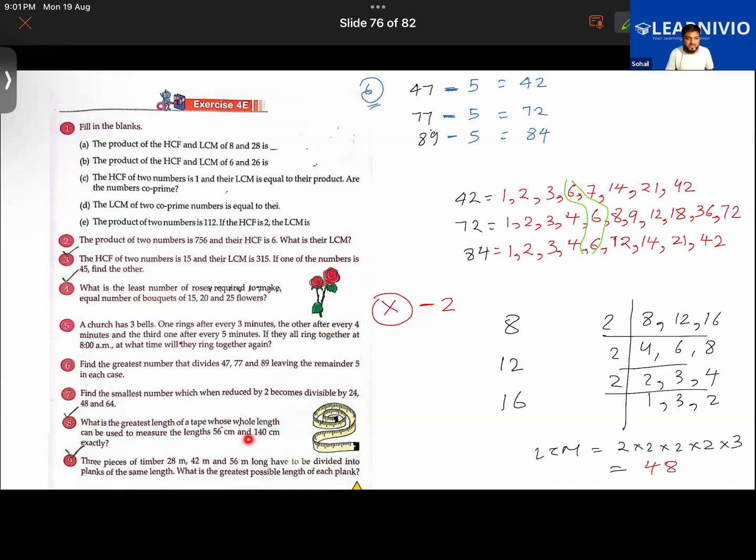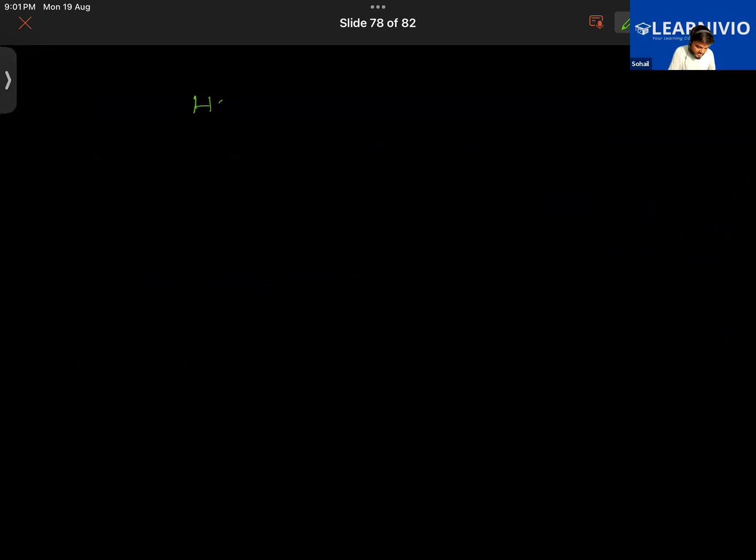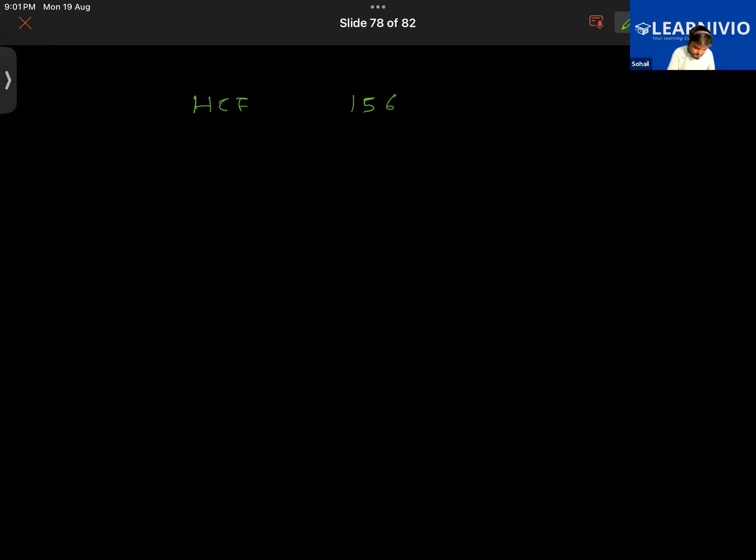So you can simply do that by finding out the HCF of the two numbers. Getting it now? So find the HCF of 140 and 56, no?